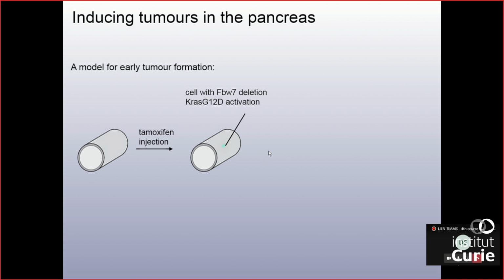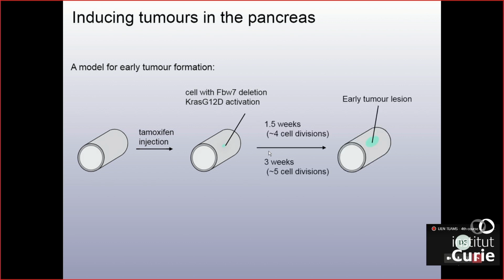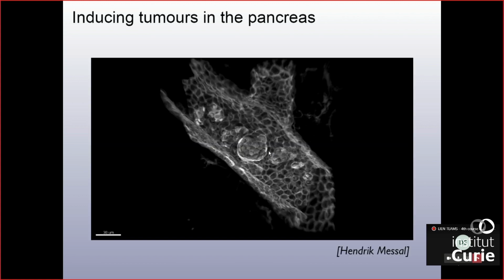So essentially, this cell becomes cancerous. Okay, and then one waits, and normally the cells of the pancreas are dividing very rarely, but these cells, being cancerous, divide much more often. And then after a few weeks, they have grown, and they form a small clone, which is an early tumor, which is the beginning of the growth of the cancer.